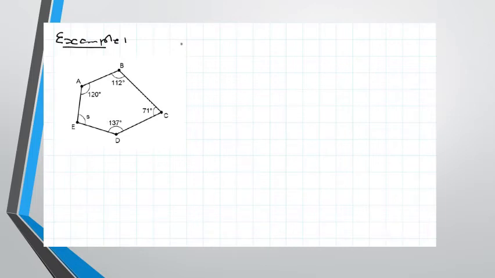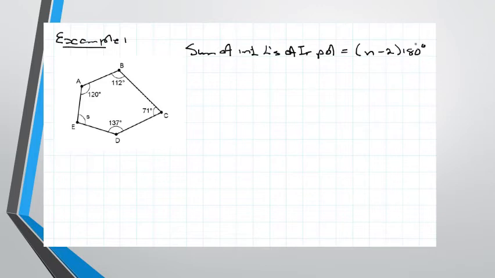So I'm going to start writing now: sum of interior angles of an irregular polygon equals, and now the formula for both cases is n minus 2 multiply 180 degrees.